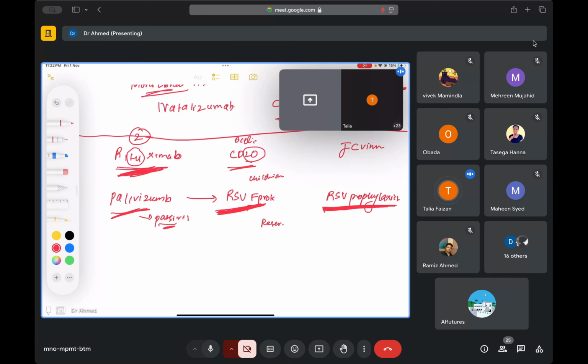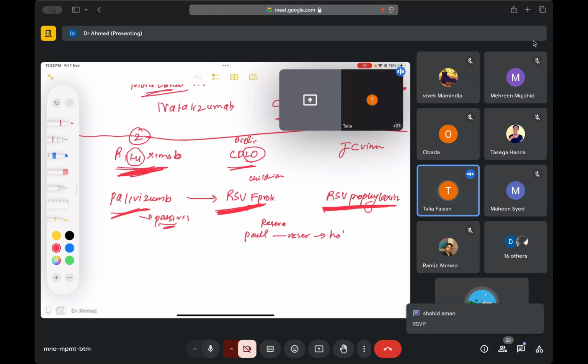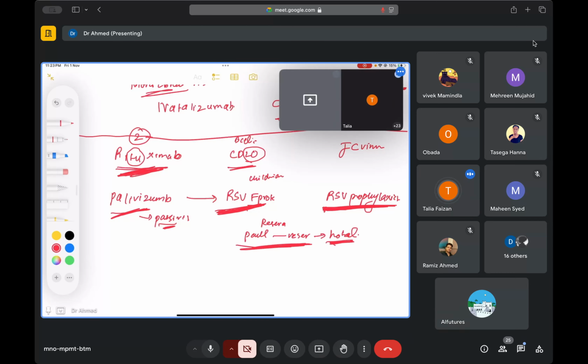So we can say Pali is a person who reserved a hotel, Franklin Port Hotel, something like that.